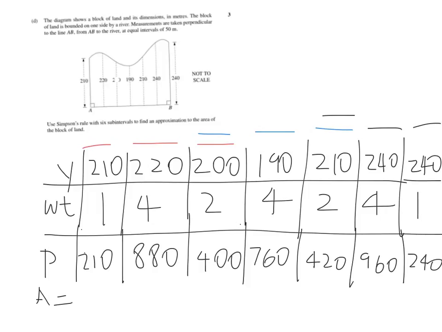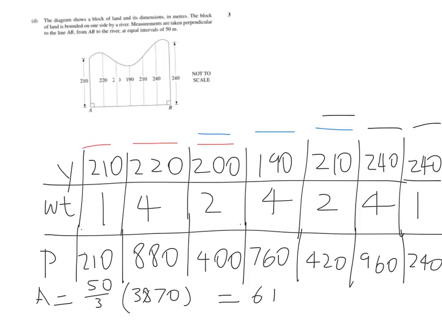So our area is equal to, of course, our height, 50 on 3, multiplied by all of that, which is 3870. Sorry, that is an 8. I'm sorry, I would go underneath that, but I don't have space. And that comes out to be 64500. As I said, it would be exactly the same.